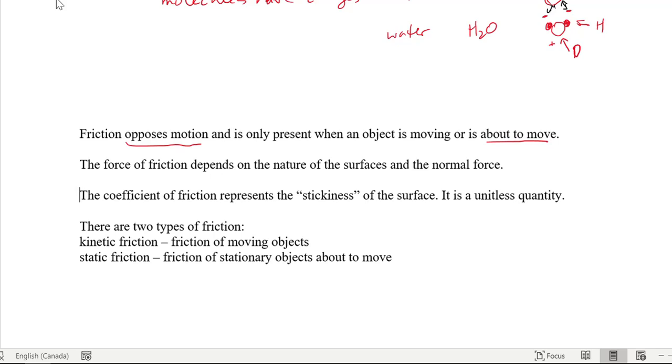The force of friction depends on two things: the nature of the surfaces and the normal force, which is sort of how hard the surfaces are pressed together.